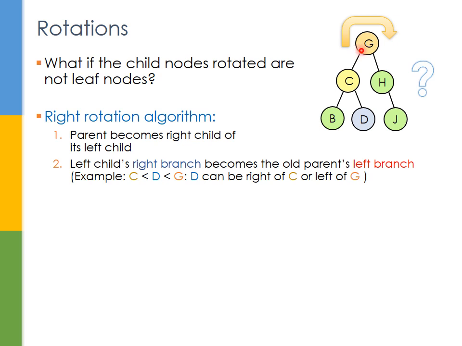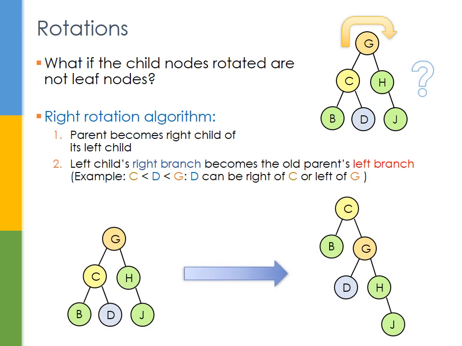So they become the left branch of G. Because we've rotated G, this means that the left branch will be open, and then D can move into that position. So if we look at this in terms of our binary search tree property that needs to be maintained, we have C, D, and G. So D can either be right of C, as it is in this case over here, but it can also be left of G because it is alphabetically before G.